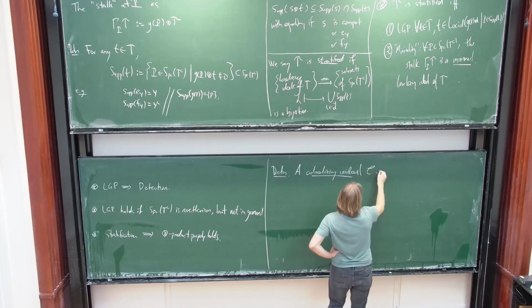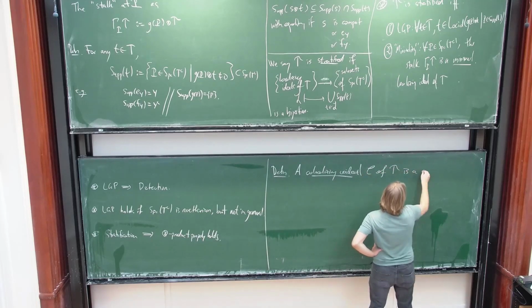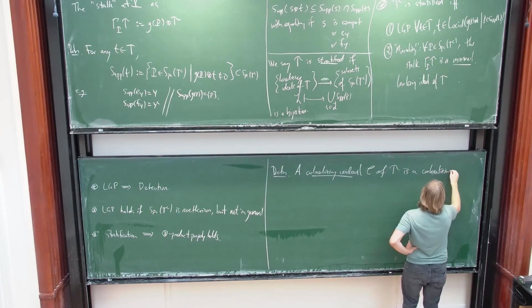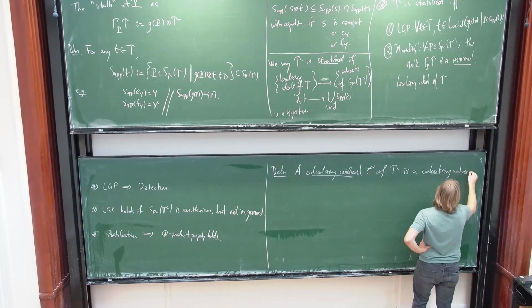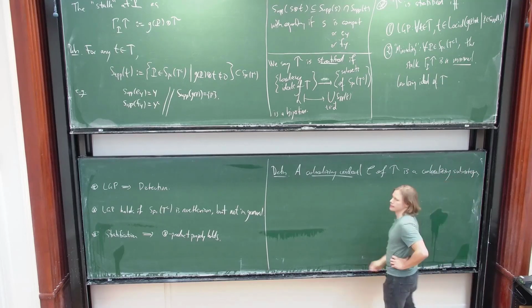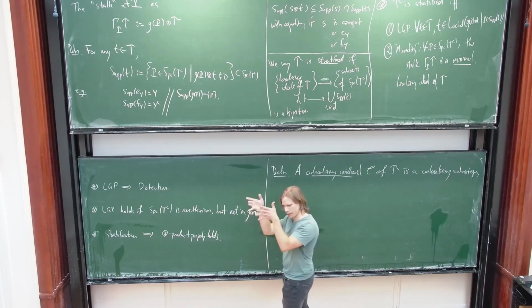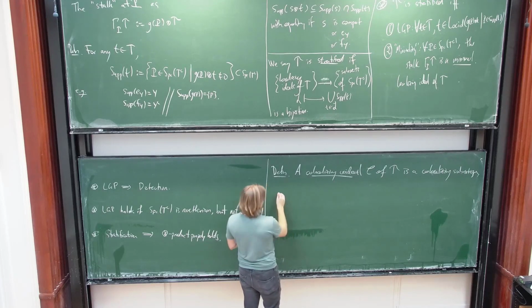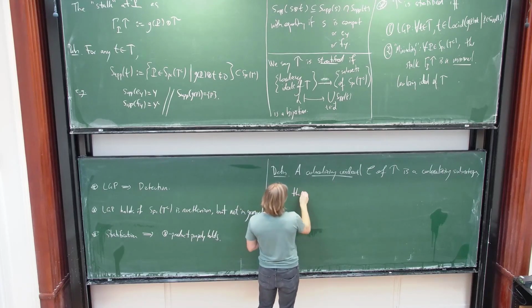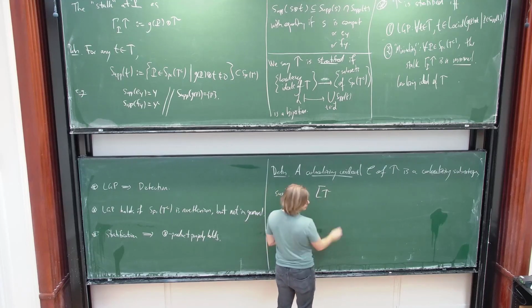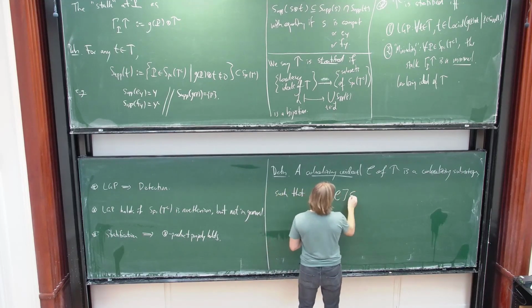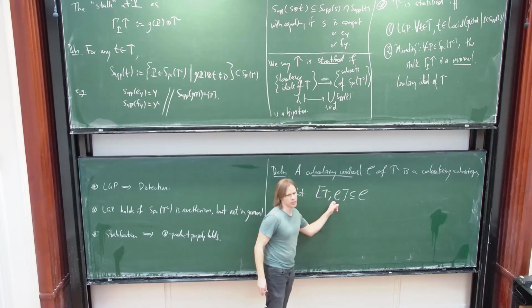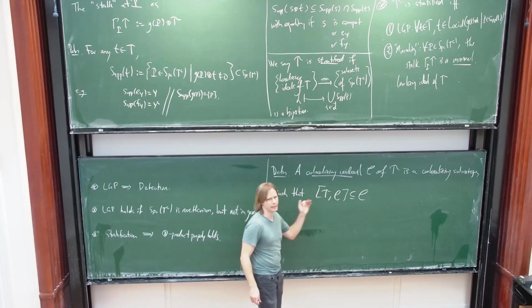A coideal of T is a co-localizing subcategory of T, so it's a full subcategory closed under products, which is a coideal in the sense that if you take the internal Hom into it, it's closed under taking the internal Hom of an arbitrary object into it. This is what I mean by a coideal.